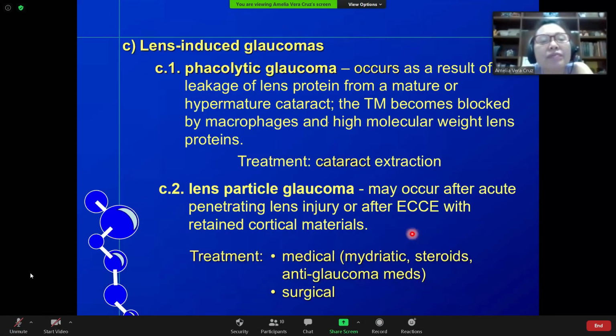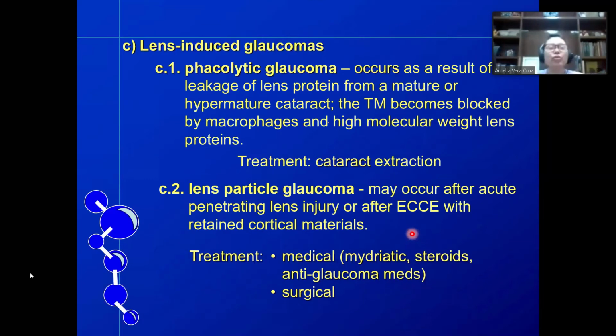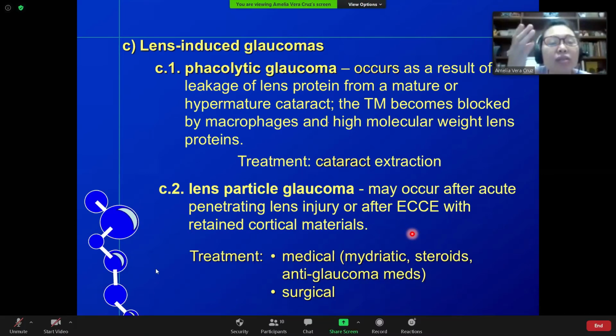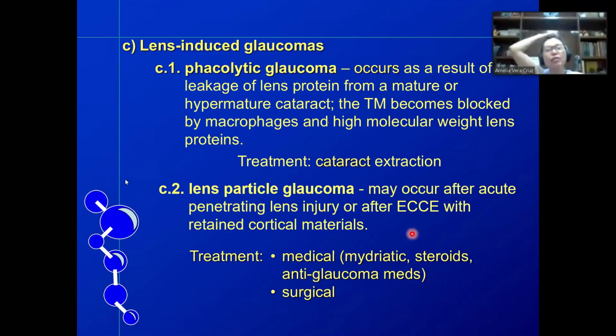Okay. The lens-induced glaucoma. Pag sinabing phaco is lens. So that means the cause of the glaucoma is the lens. Phacolytic glaucoma is an open-angle glaucoma which occurs as a result of a leakage of lens protein from a mature or hypermature cataract.